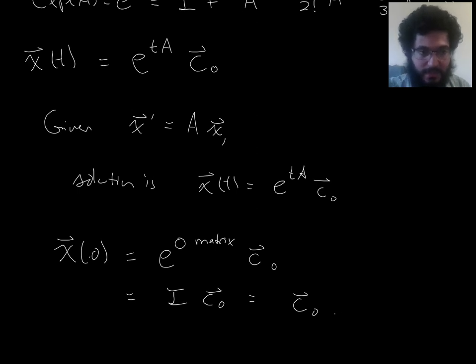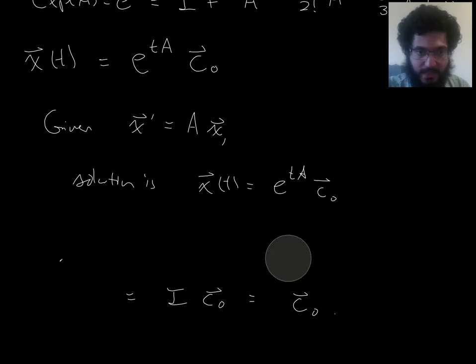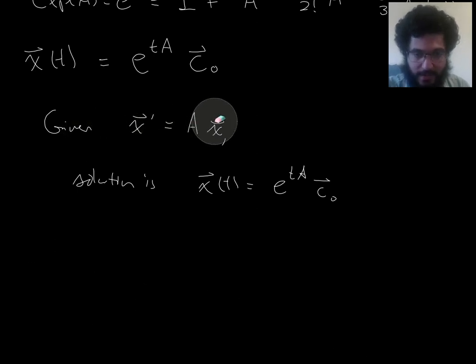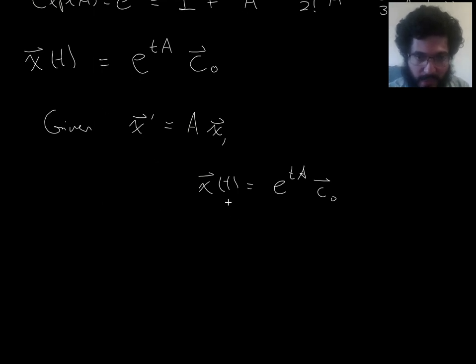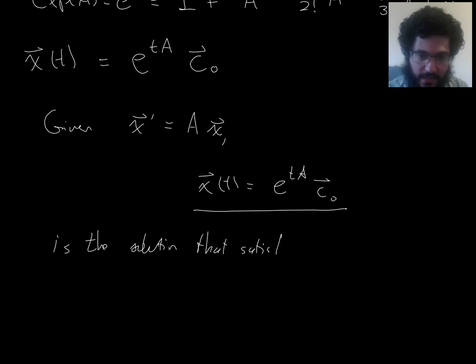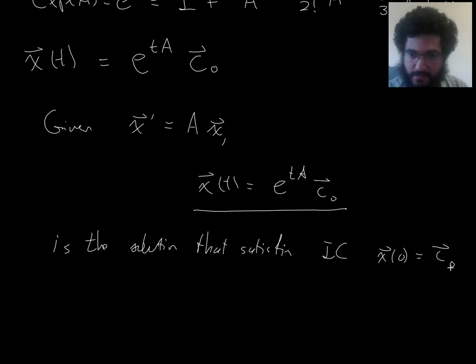So what I'm saying here is, given x prime equals ax, this is the solution that satisfies the initial condition x of 0 equals this vector of initial conditions, C0. So that's the role that C0 is playing here. It's your vector of initial conditions.